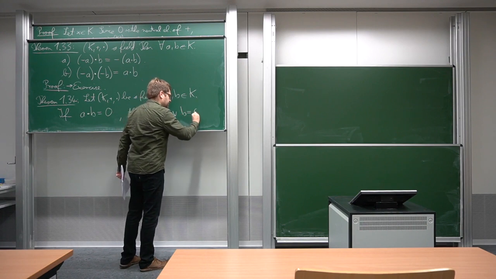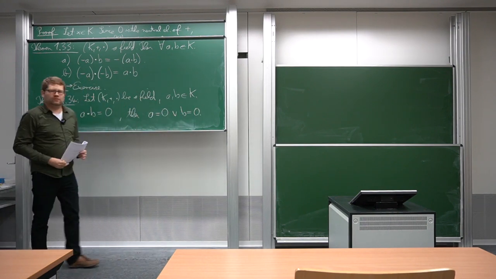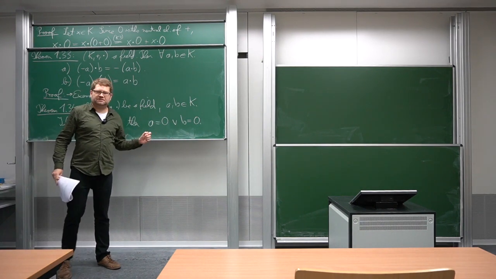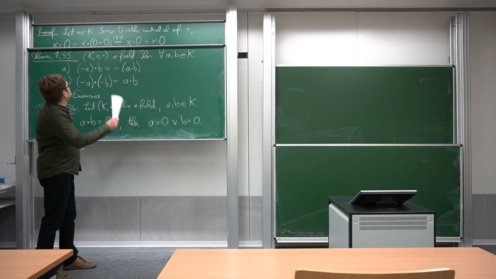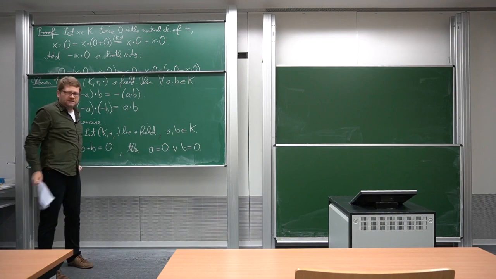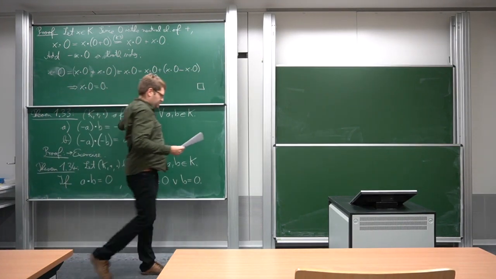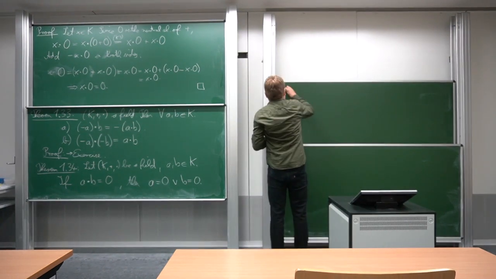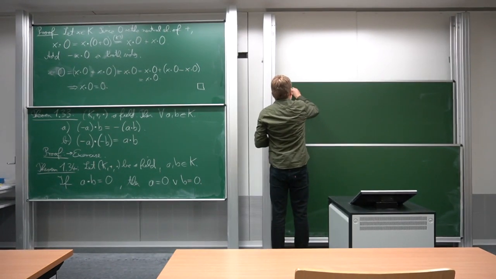So a product is 0 if and only if one of its factors is 0. We have already seen that if one of the factors is 0, the product is 0. That was the theorem that I proved just up here. But the other direction also holds. This is something that is really quite elementary for arithmetic, and we will see that this holds in general for fields.